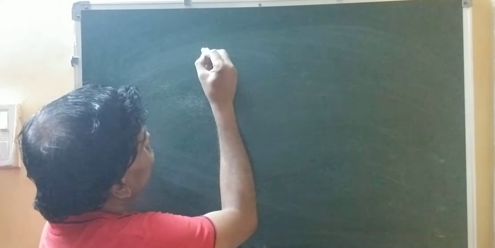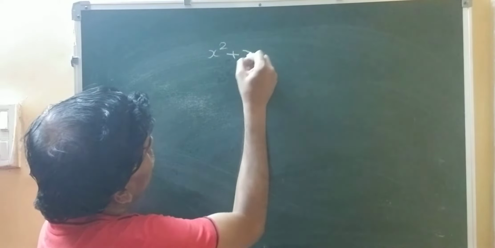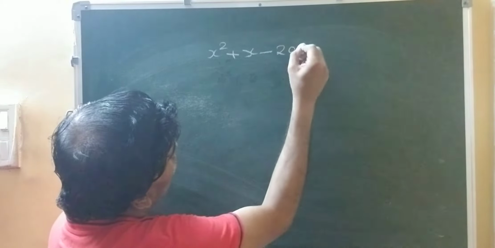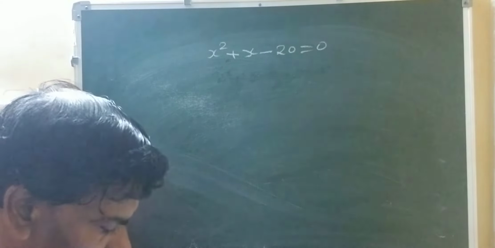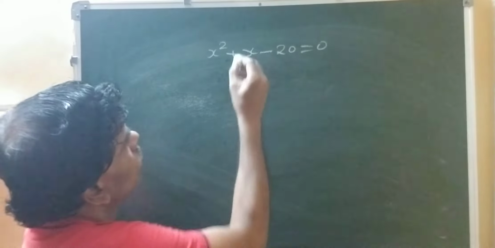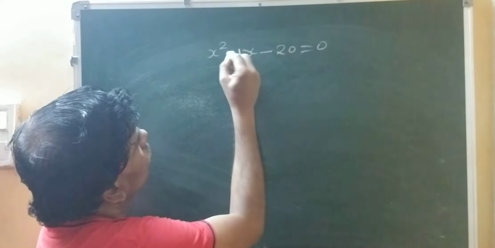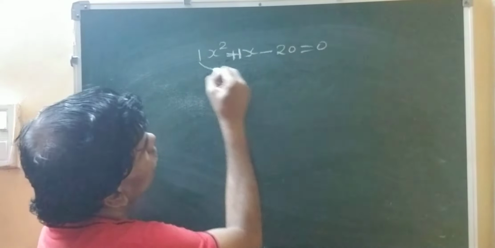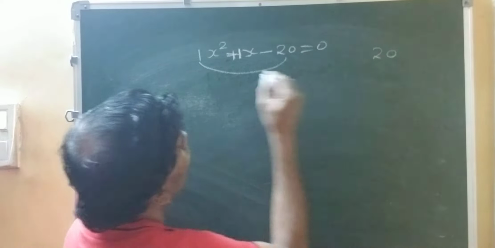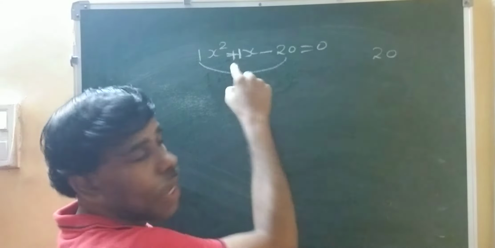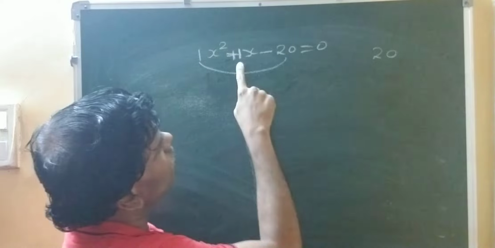Second sum we will do. x square plus x minus 20 equal to 0. Here what should we get? 1. So we will see what will be here.